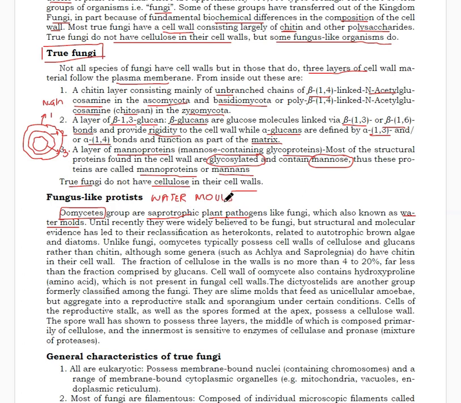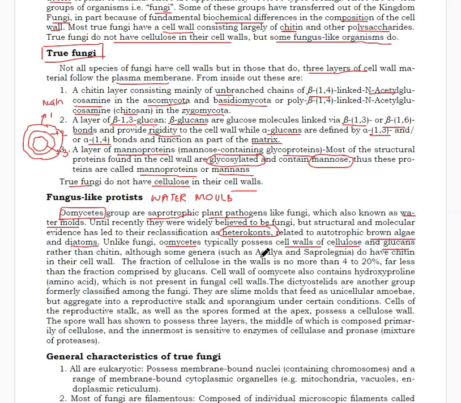Previously they were thought to be fungi, but some evidence led to their reclassification as heterokonts. These heterokonts are related to brown algae and diatoms. Fungi have a typical cell wall made up of chitin, but oomycetes have a cell wall made of cellulose and glucans rather than chitin.